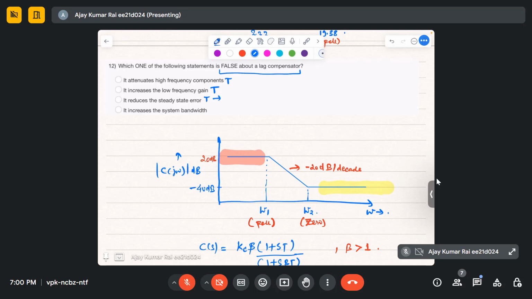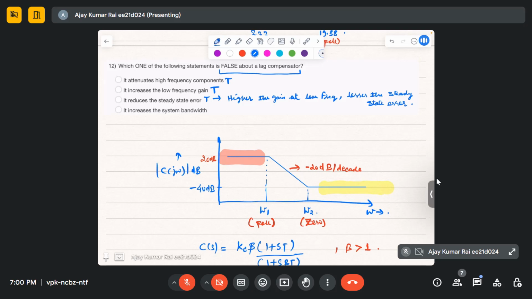Let me write here: higher the gain at low frequency, lesser the steady state error. We have seen in the second statement that the gain at low frequency is higher, so now we'll have lower steady state error. So this is also true.